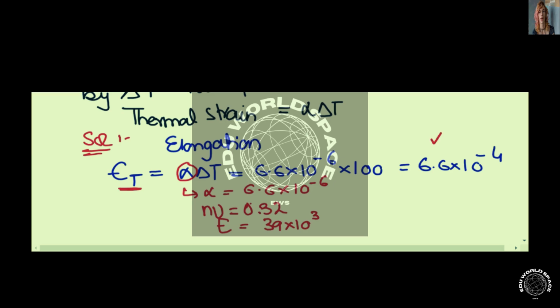We have its value. Now what we're going to do next is that we are going to recall that elongation follows the rule that epsilon is equal to del L divided by L, right?